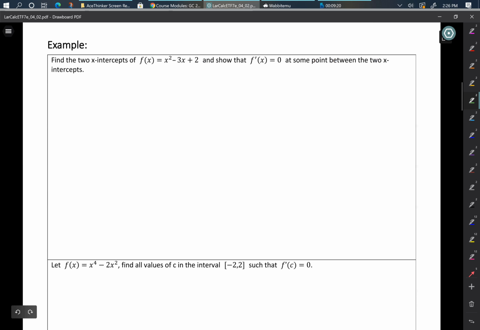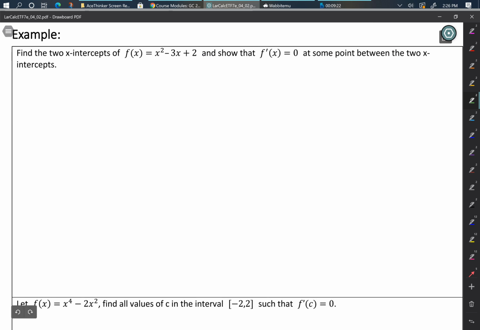All right, so here's our example. Find the two x-intercepts and show that f prime of x is equal to 0 at some point between the two x-intercepts. Now, why on earth is this in the section on Rolle's theorem? Well, let's take a look at what we're working with. We have a function, and we're supposed to find the two x-intercepts.